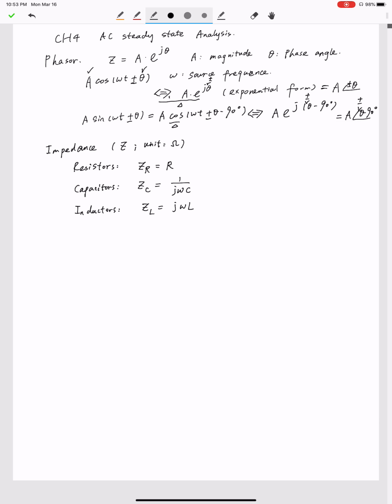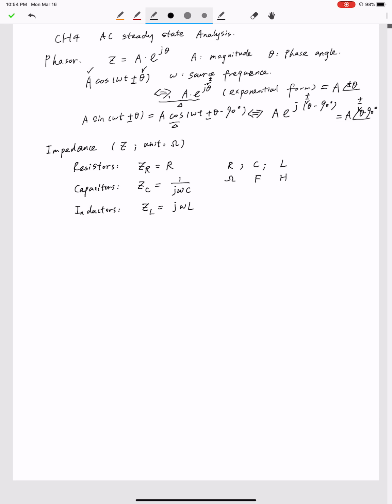Although resistance, capacitance, and inductance have different units, right? For resistance, the unit is ohm. For capacitance, the unit is farad, and for inductance, the unit is henry.